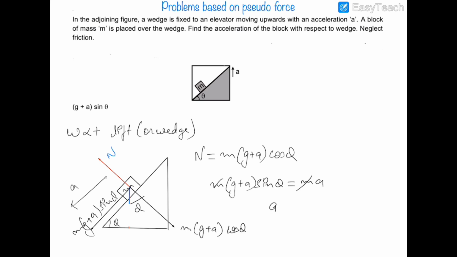Now a will be equal to (g plus a) sin theta. This acceleration a, let's suppose it is a dash, now it would avoid the confusion.